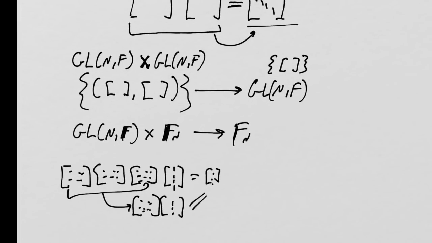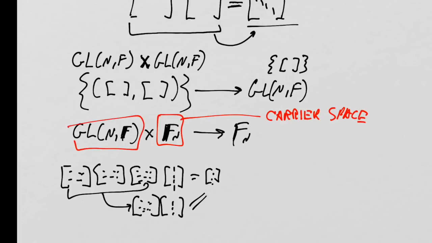All right, so the column vector, this thing here, this vector space is often called the carrier space. This guy here is the transformation group. And the transformation group will transform the bases of the carrier space.